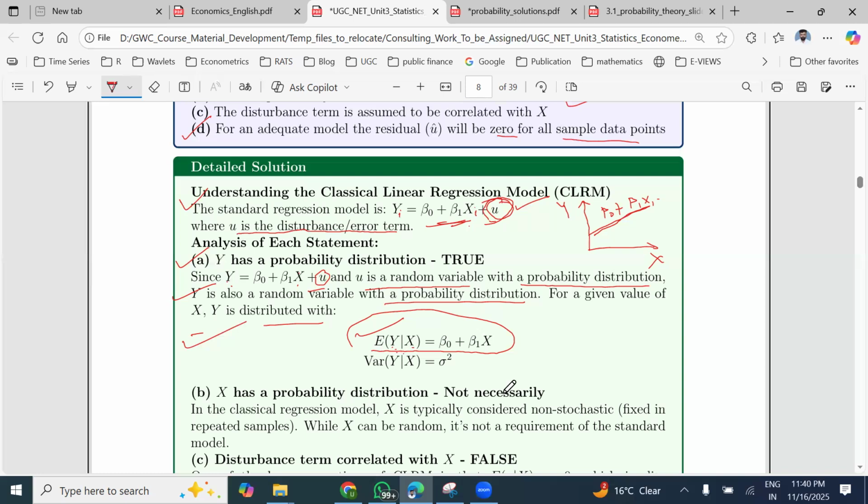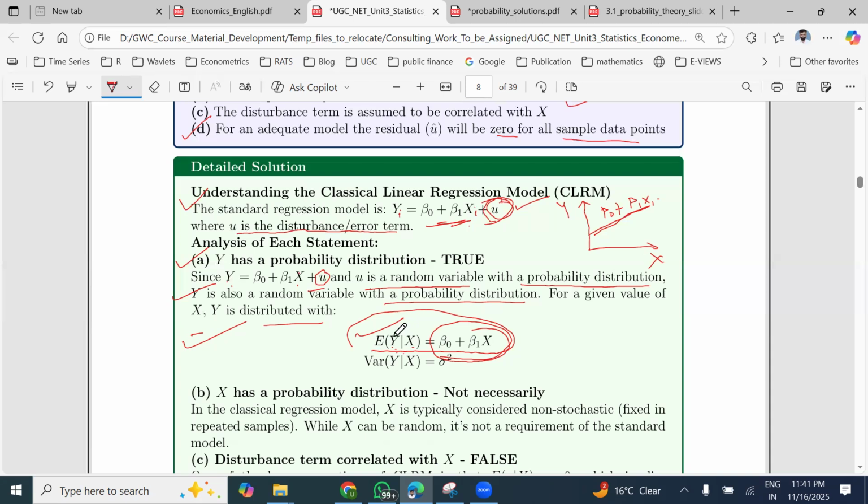How are you trying to find the conditional mean of y? Through estimating this regression equation. So basically, if someone asks you what is regression, you are trying to predict the mean value of y, the dependent variable. On an average, if x changes by 1 unit, how much y is going to change. That is what we are trying to predict.